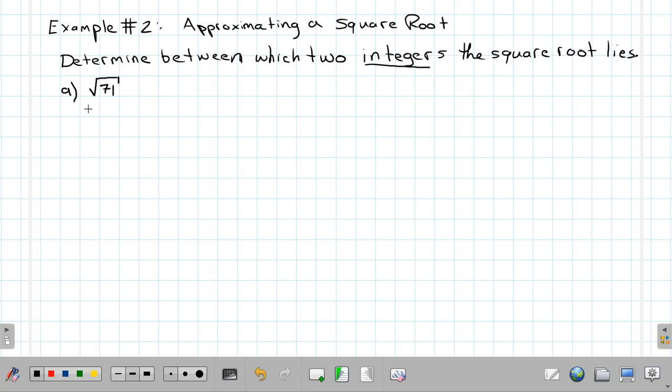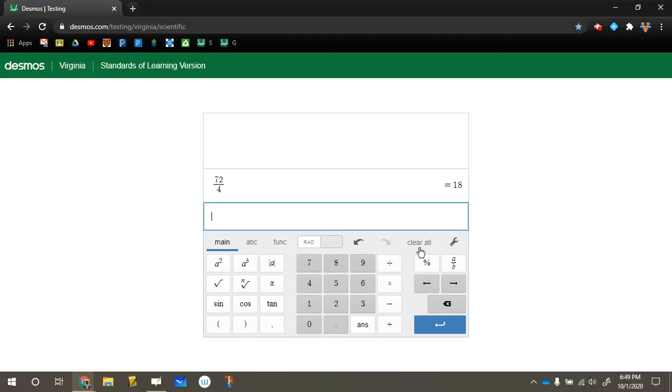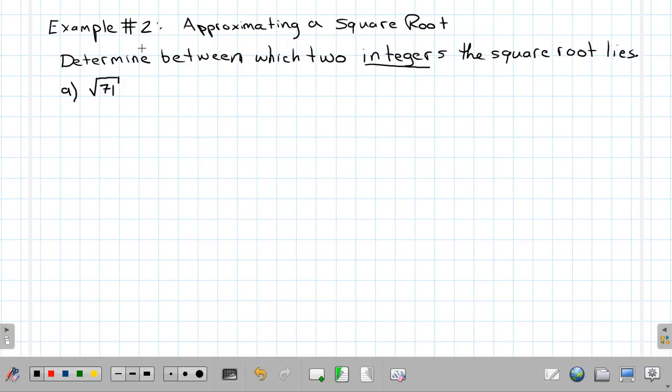Now, the easy way for this, square root of 71, let's go to our calculator. Square root of 71, we see that it is actually an irrational number, 8.426149773, and it goes on forever.